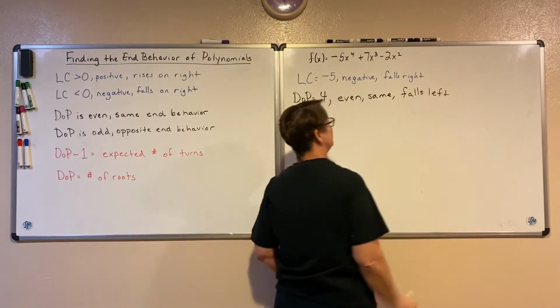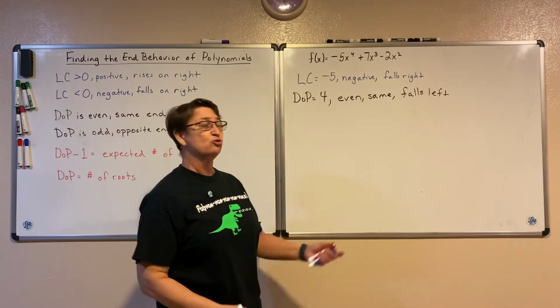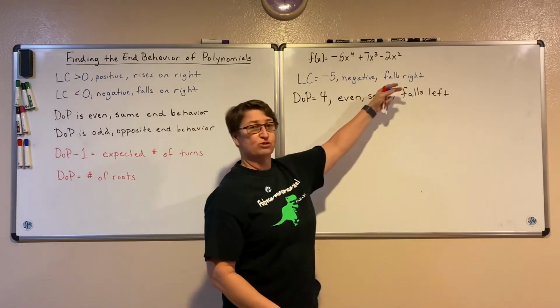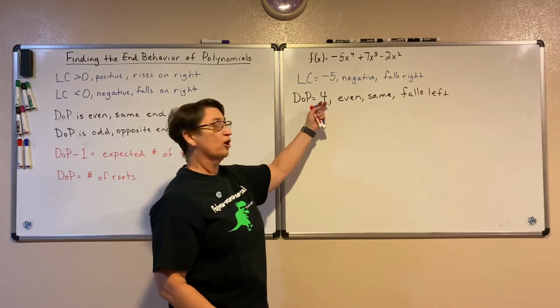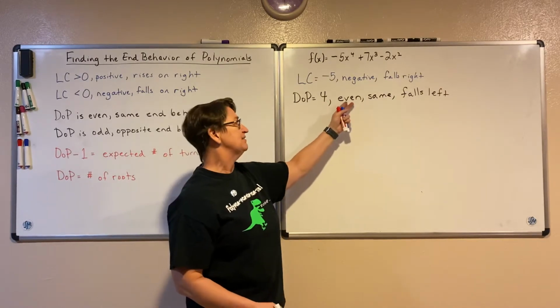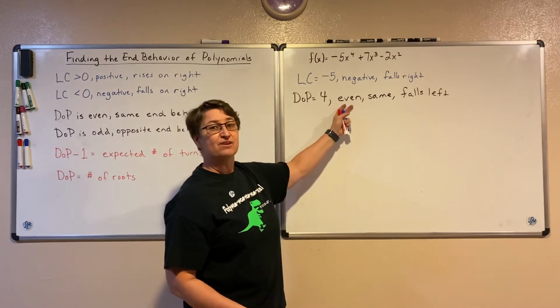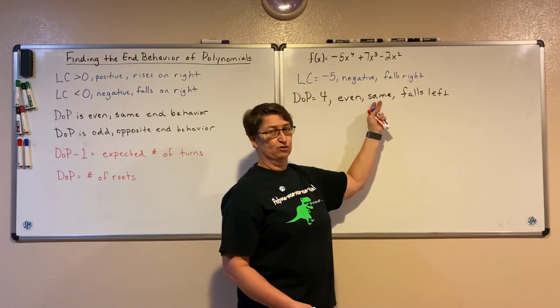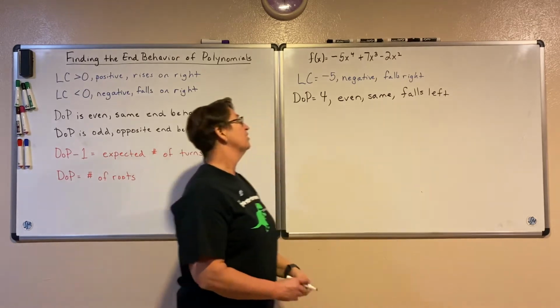For my students, we need to make sure that we include these things: that the leading coefficient is negative, so it's falling right. And then what we care about with the 4 is that it's even, and that evenness causes it to be the same on the left, so it falls left.